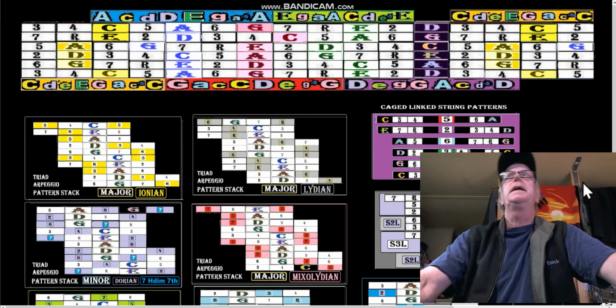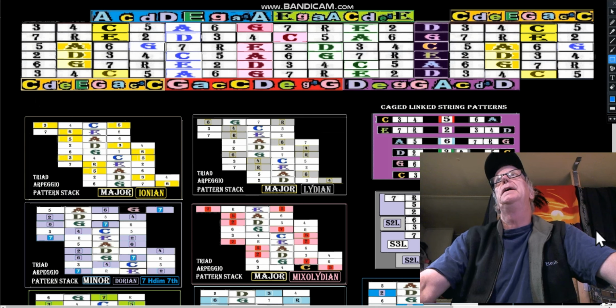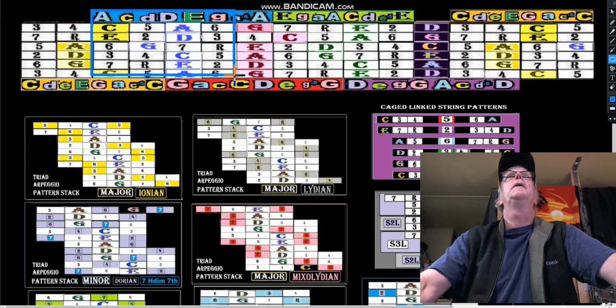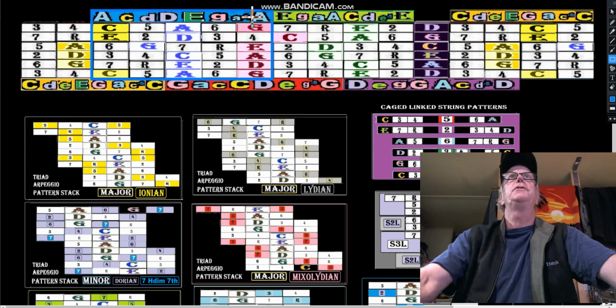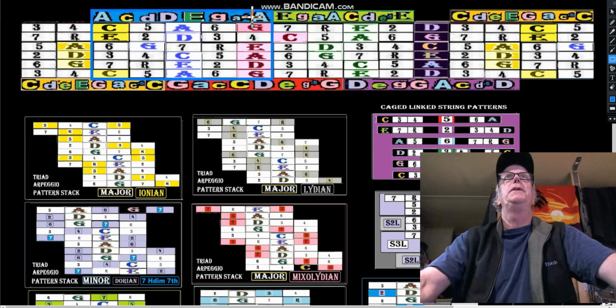And the A cage, I better get the drawing tool. So the A box here doesn't involve these letters. It's got the same situation going on with the letters, but it is not the same letters.